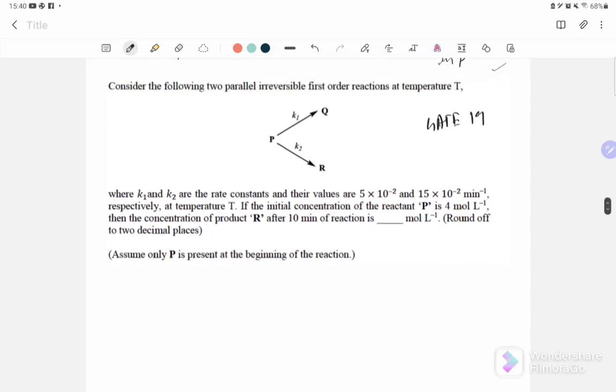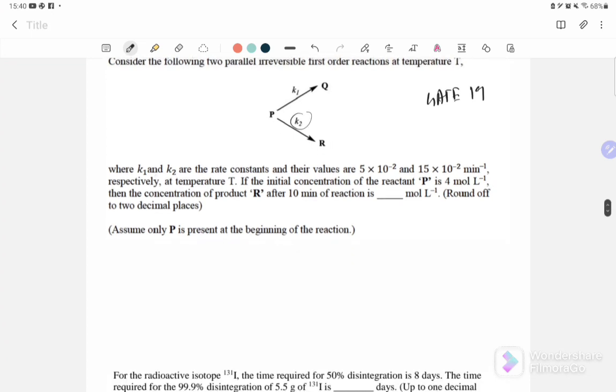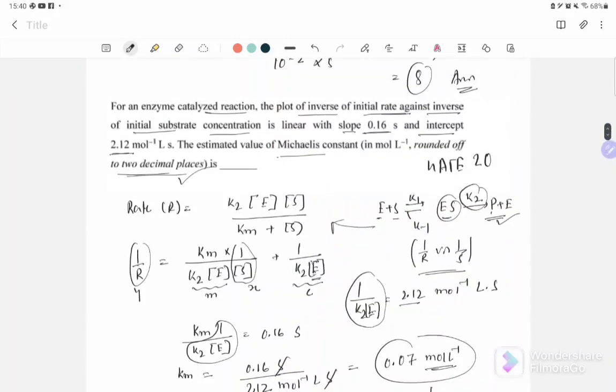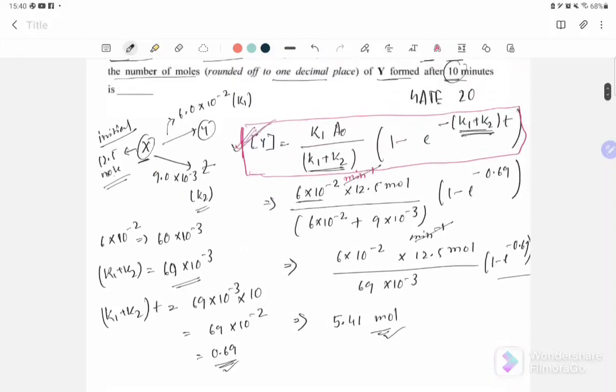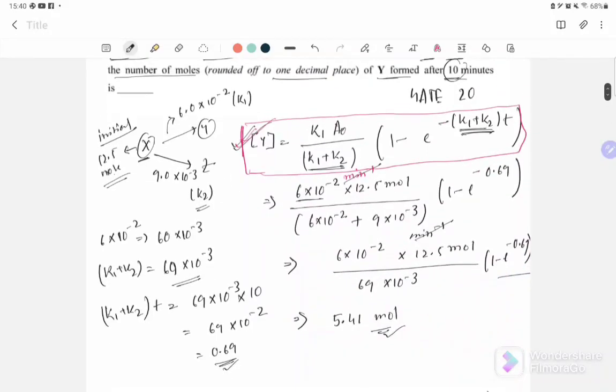Here from P to Q is K1, and from P to R is K2, the rate constants. K1 and K2 are given, and the initial concentration is given, and they ask for R at 10 minutes. So the same equation, time is also given, just do that.